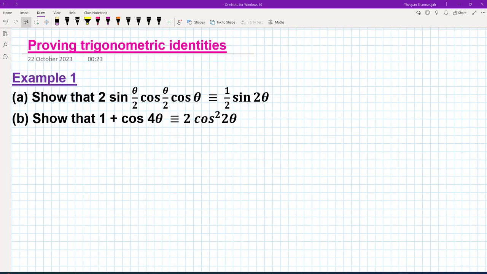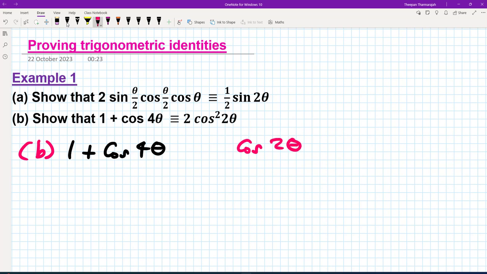Now if we take part B, we have 1 plus cos 4 theta. But we can start off with an identity that we know, that cos 2 theta. Now, because we got a cos squared in our identity, we should know that one of the double angle formulae for cos 2 theta is 2 cos squared theta minus 1.